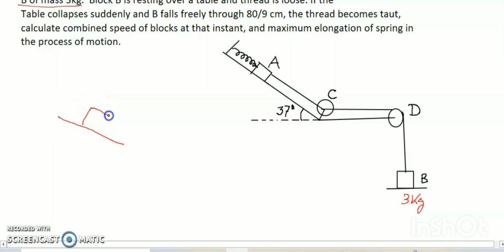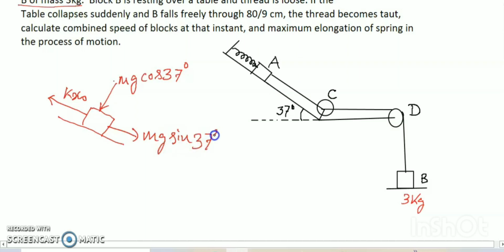So I draw the free body diagram for A. First is kx0, mg cos 37 degrees, and mg sin 37 degrees, and the frictional force.